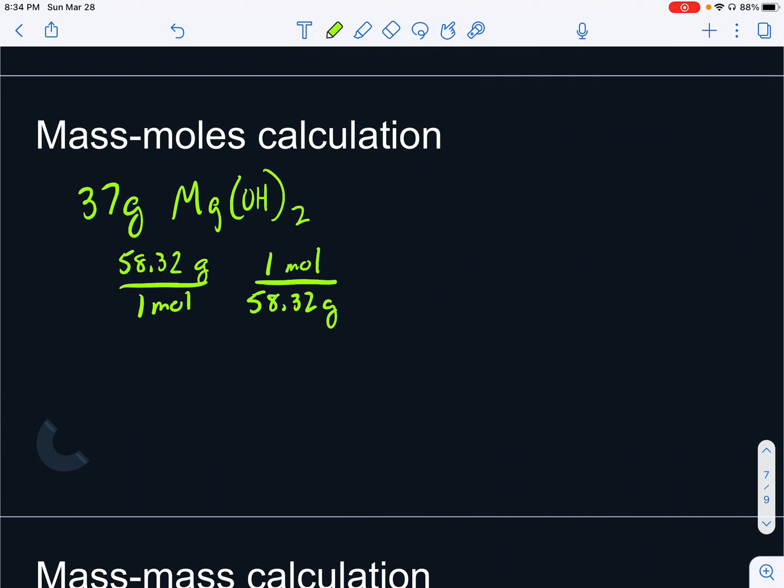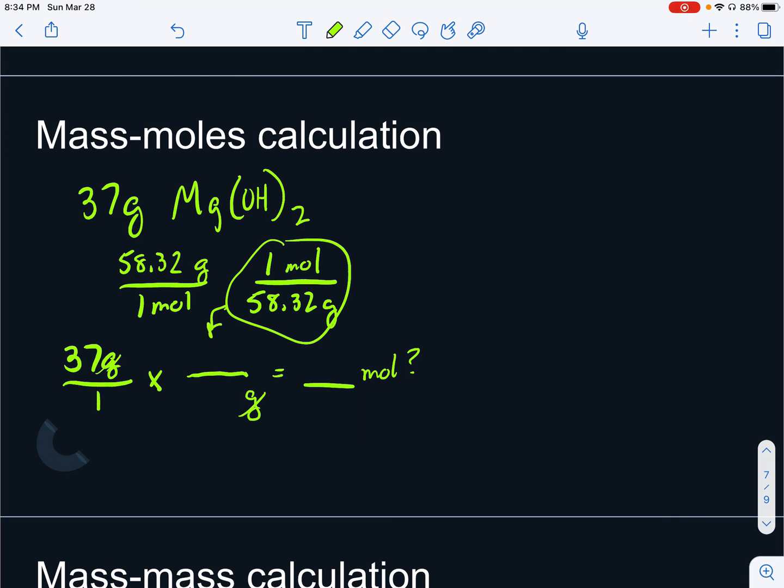So if I have 37 grams and I want to multiply that times some conversion factor to get to number of moles, then what we want to do is have grams on the bottom to cancel out this other grams.